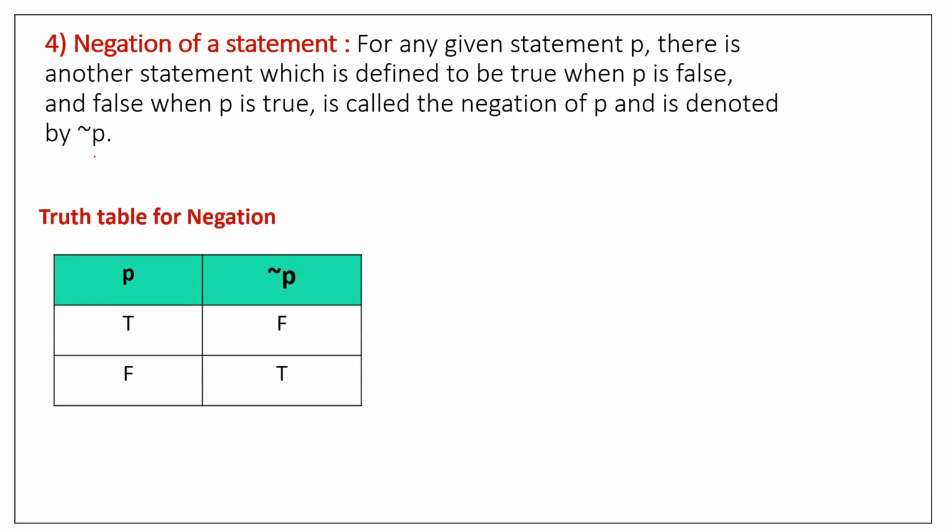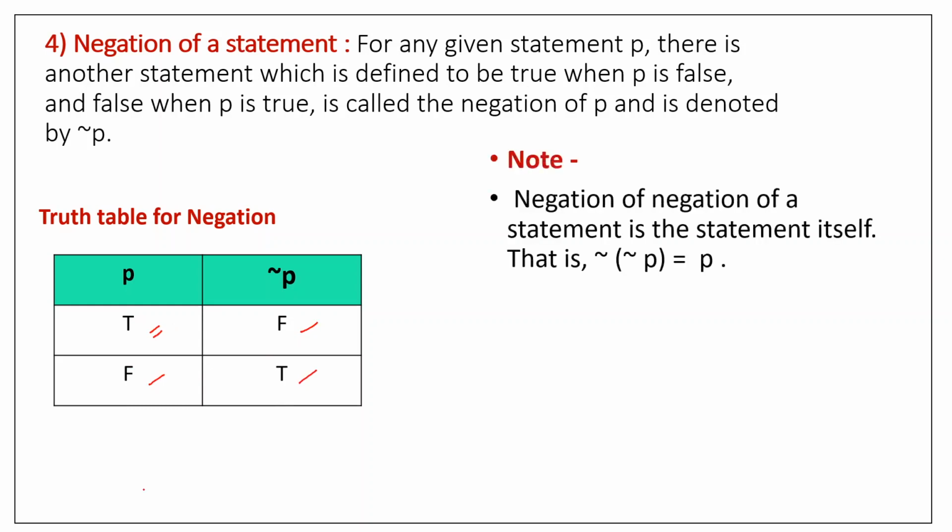It is only one statement, and a statement can be either true or false, so we take T and F. When P is true, its negation will be false, and when P is false, its negation will be true. One important note: always remember that the negation of a negation is the original statement itself.